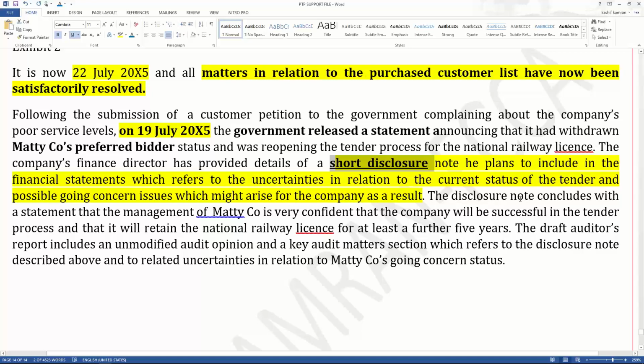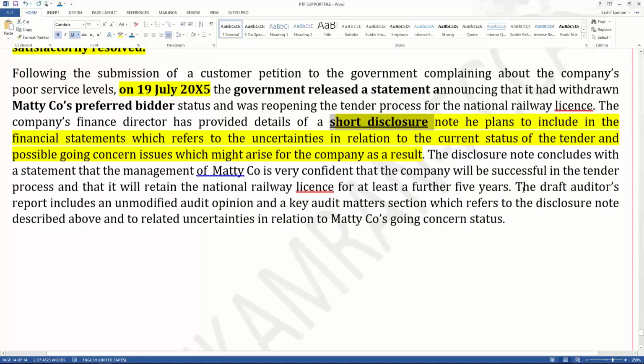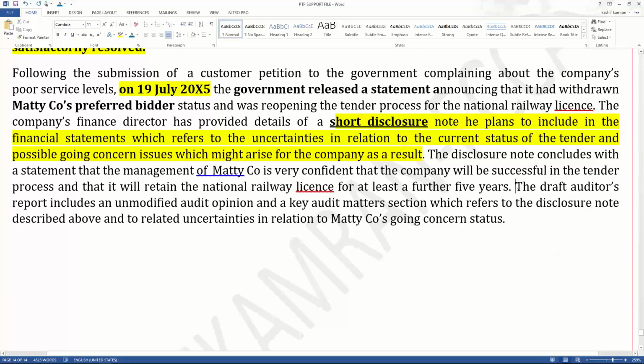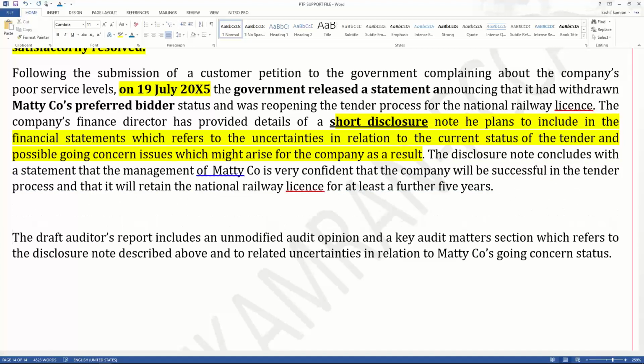The disclosure note concludes with a statement that the management of METI company is very confident that the company will be successful in the tender process and that it will retain the national license for at least the next 5 years. So the company is still optimistic that it will win the tender. Has the company been put out of the tender process, or will they be participating?